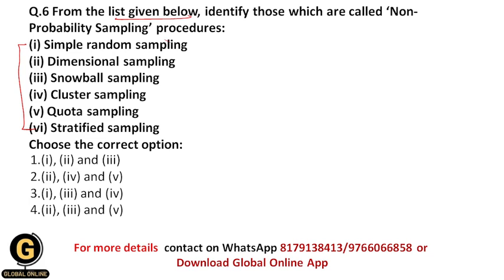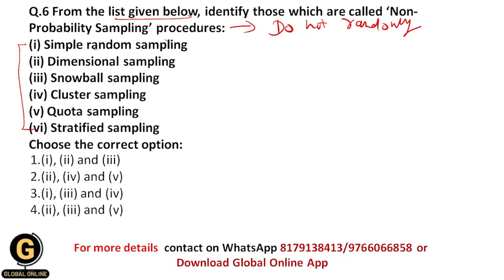Probability sampling procedures means there we basically randomly assign and randomly select the participants. But in the non-probability sampling procedures, we do not randomly select the participants.